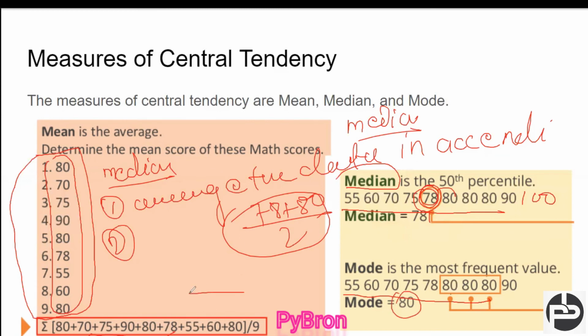If I plot this mean, median and mode completely, let's suppose I plot the data points on my x-axis. Let me clear this so that you can understand better.